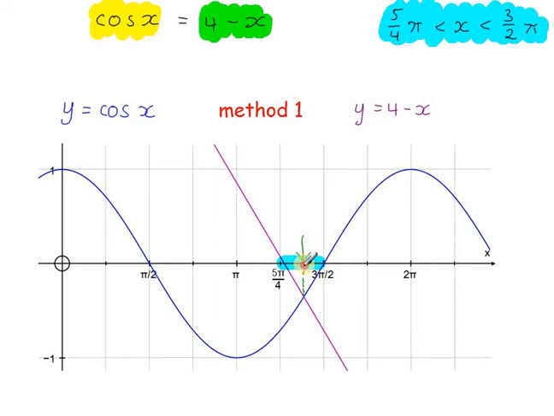This value of x is the solution to this equation. It's the value of x where the graphs are intersecting. It's our root. And we can see that in the interval there is only one point of intersection, one root.